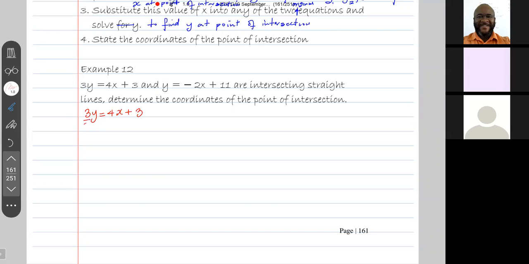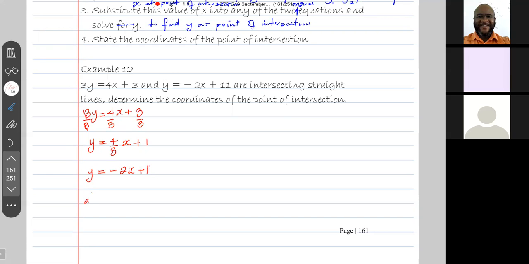So I'm going to divide this equation by 3. And when I do, I'm going to end up with y is equal to 4 over 3 x plus 1. The second equation is y is equal to minus 2x plus 11. Y is already the subject.